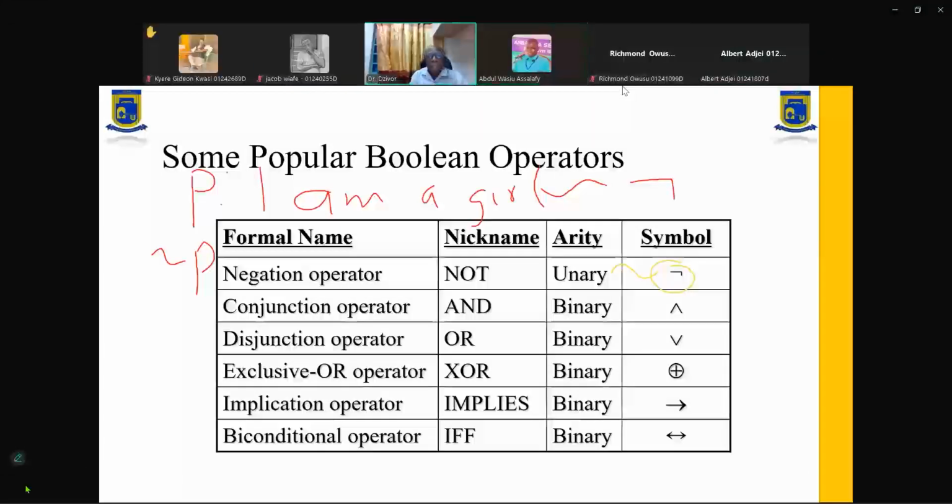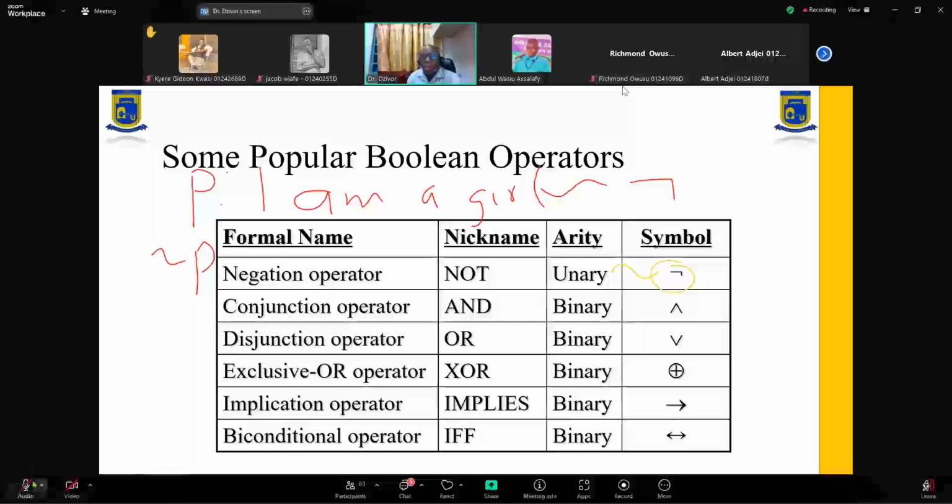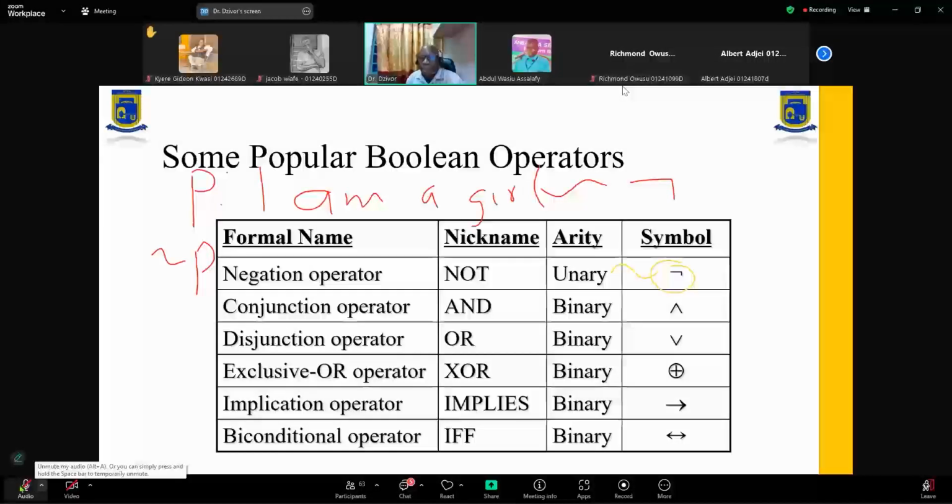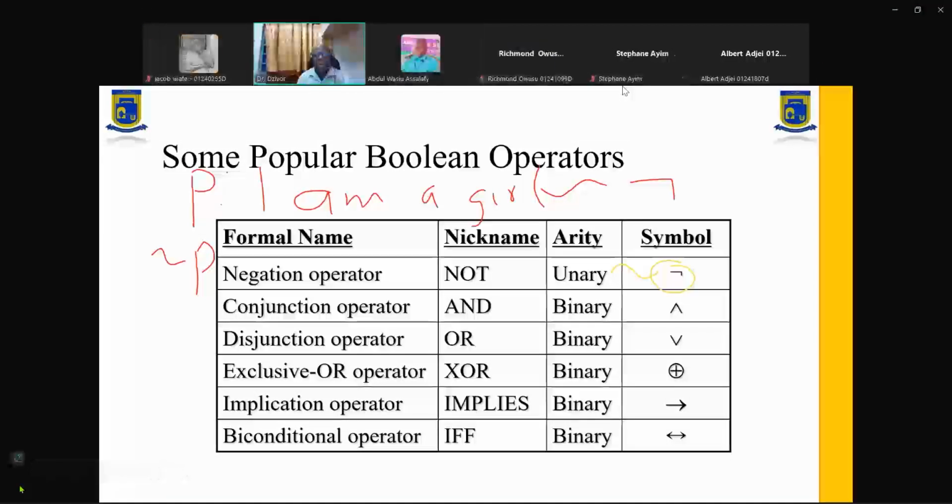Now the next operator is the AND operator. The AND operator is a binary operator. Binary operator means it can combine two statements together, or one compound statement and another compound statement, or two simple statements, or a compound statement and a simple statement, using the word AND.